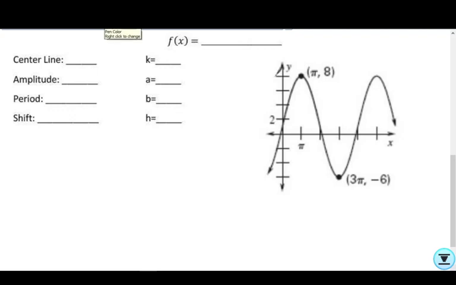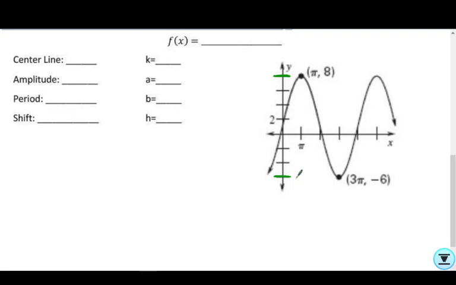Our maximum is here. Our minimum value is here. Okay? So if my maximum is at 8 and my minimum is at -6, where is my center line? Well, the total distance there, 8 plus 6 is 14.